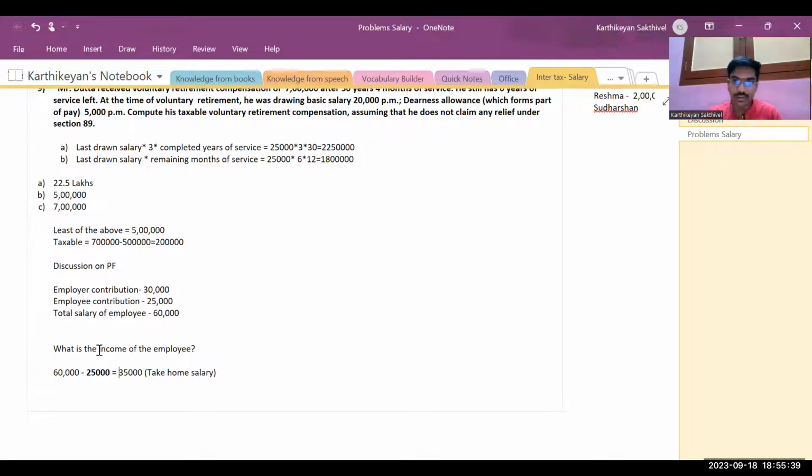Okay, so that will be this 25,000. Now what does the company do? The company is putting 30,000 in the employee's name. So is this the income of the employee or not? That's another question.